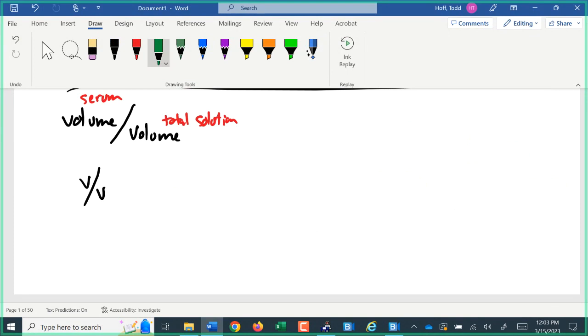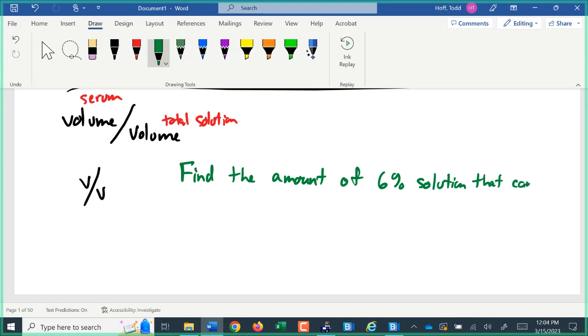So if we're looking at, find the amount of 6% solution that can be created using 150 milliliters of syrup.